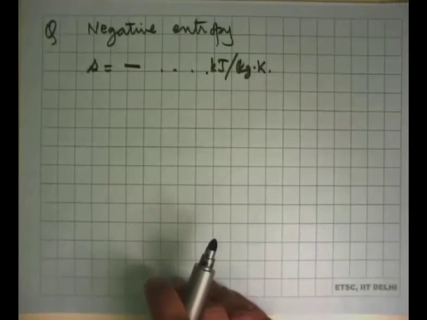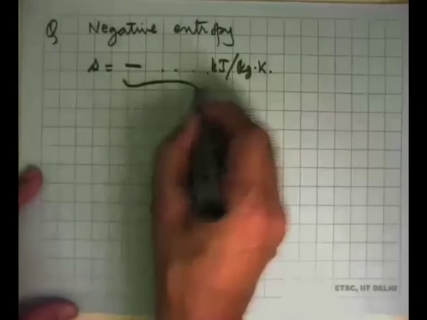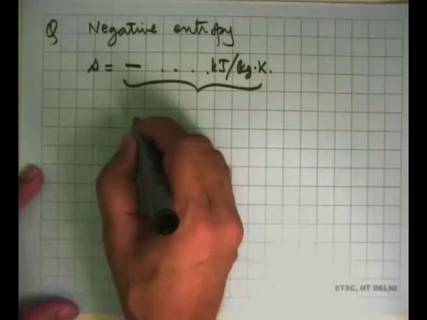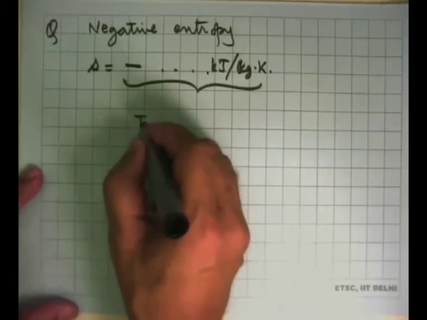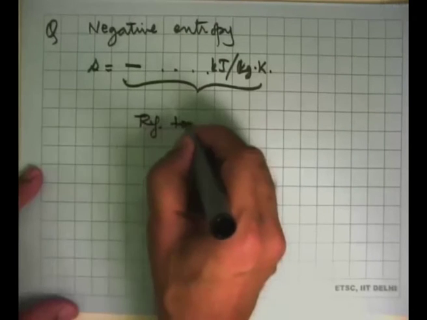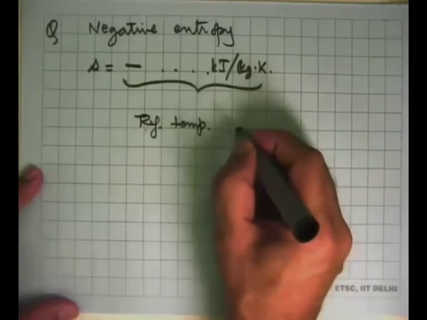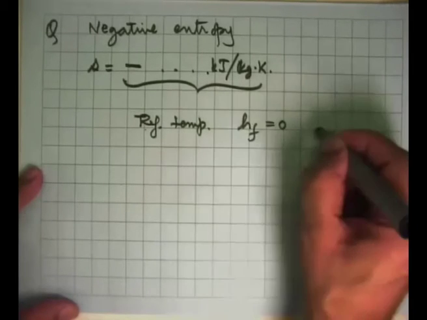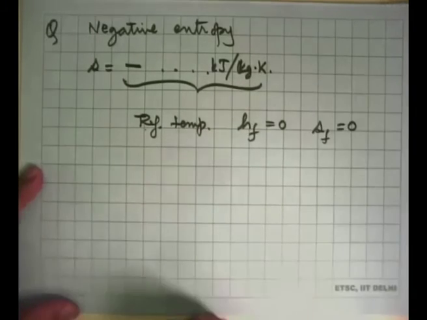No need to get worried about it, because this has happened because we decided that at a particular reference temperature, hf will be 0 and sf will be 0.